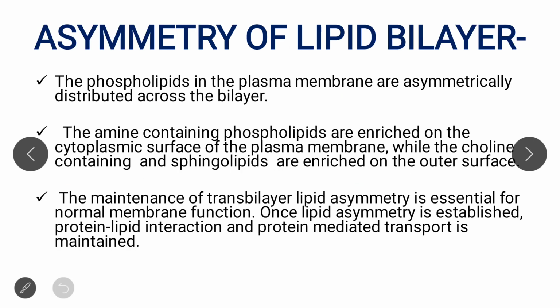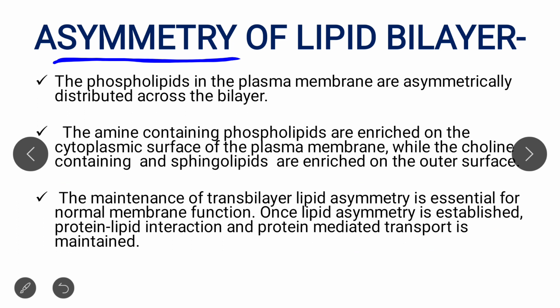Now there may be one question: why does the lipid bilayer show asymmetry? The answer for this asymmetrical distribution is still not known. Research is going on, but asymmetry does occur. How it can be discussed in today's lecture.